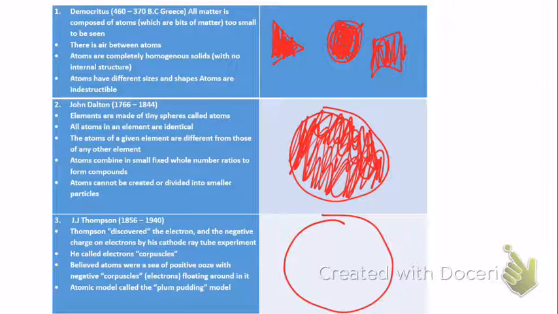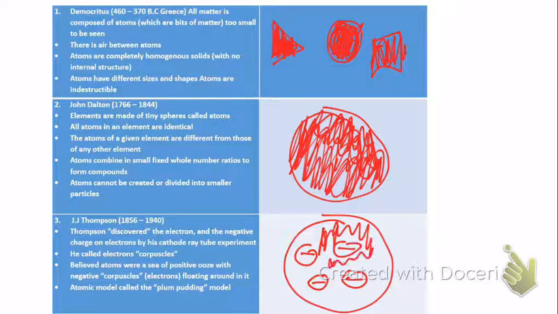It's spherical, and embedded in that model are small little particles that are randomly distributed, that are negatively charged electrons. Surrounding those negatively charged electrons is a positive matrix or cakey-like pudding, all right, which is why I call it the plum pudding model.